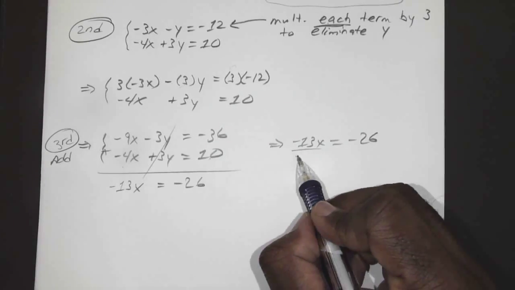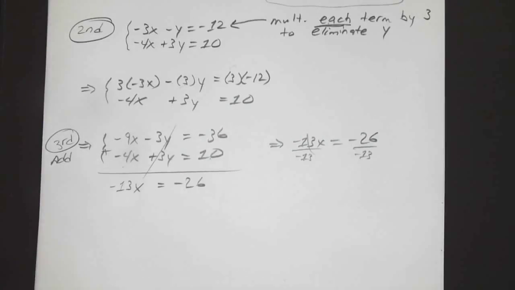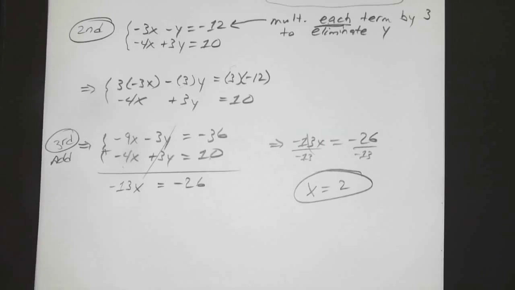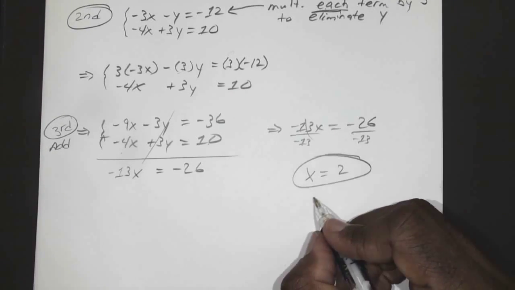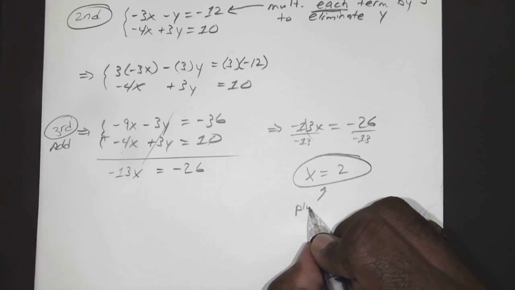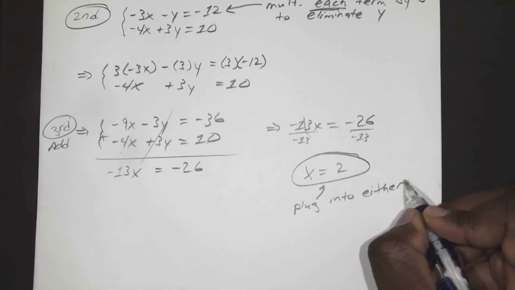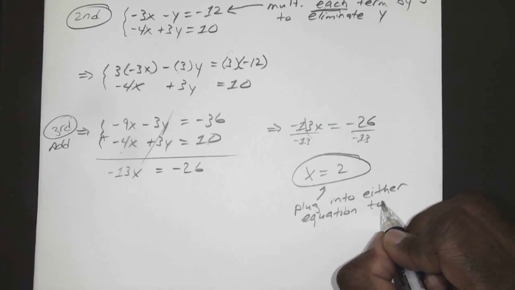Divide both sides by negative 13. We have x equals 2. Okay, now this x equals 2, plug into either equation to solve for y.